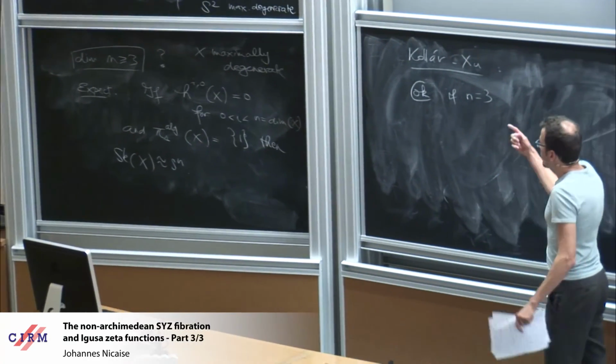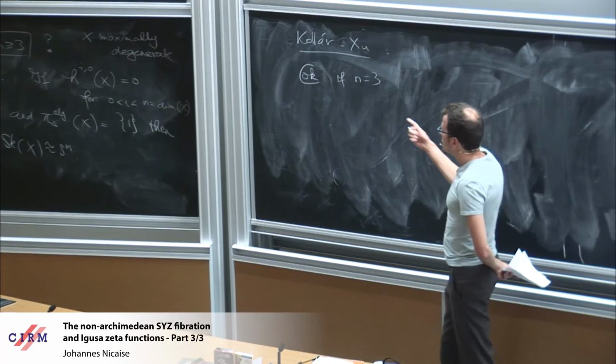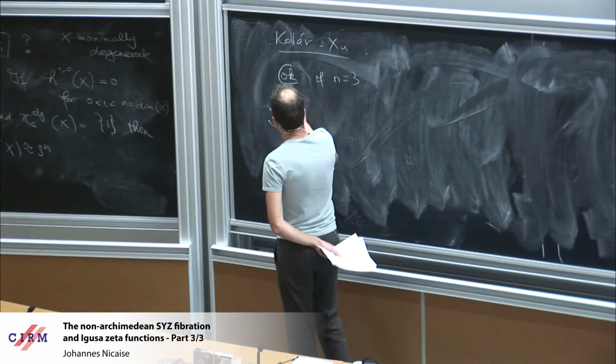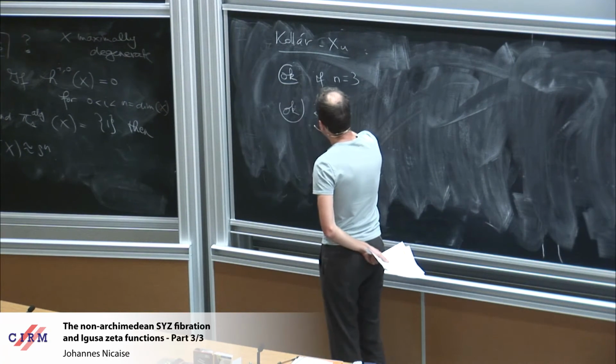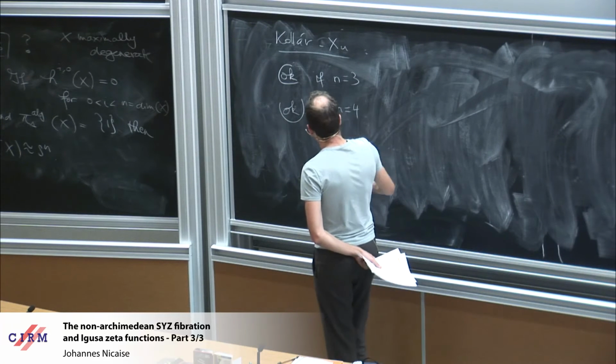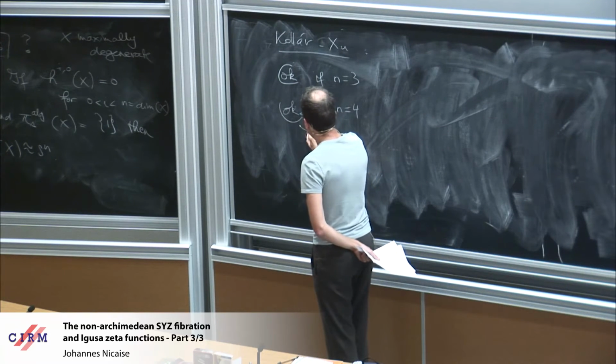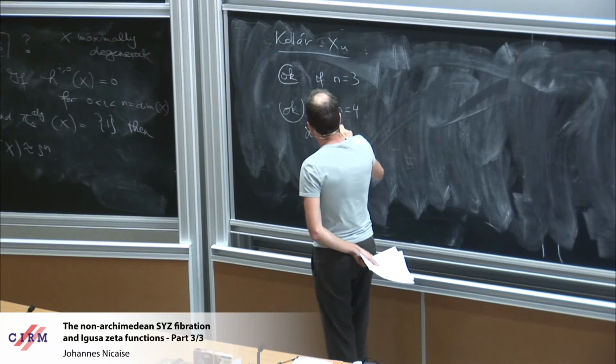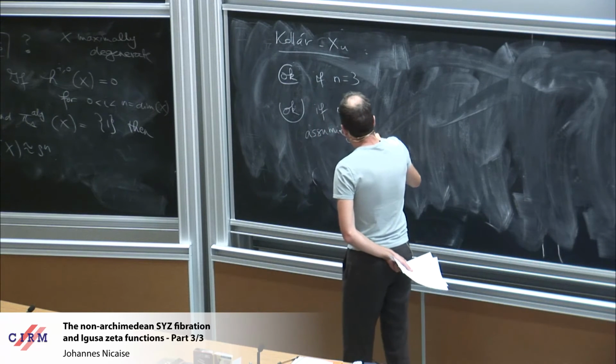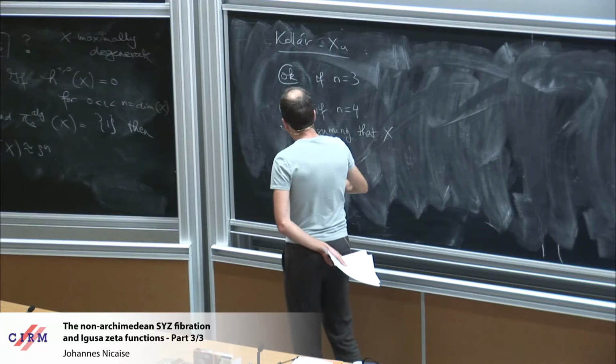So Collard and Xu have verified that this is indeed the case in dimension 3, and they have some results in dimension 4, assuming that X has a minimal DLT model, which is in fact SNC.